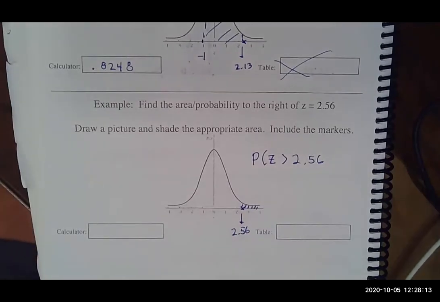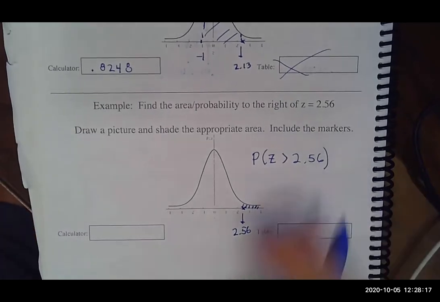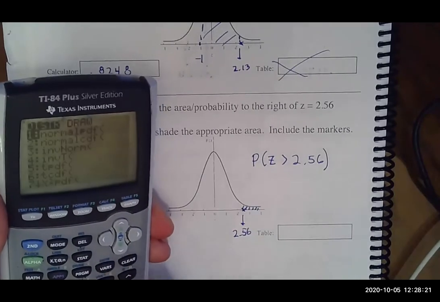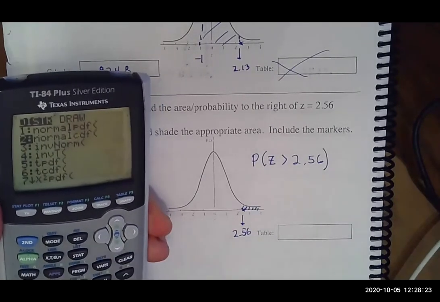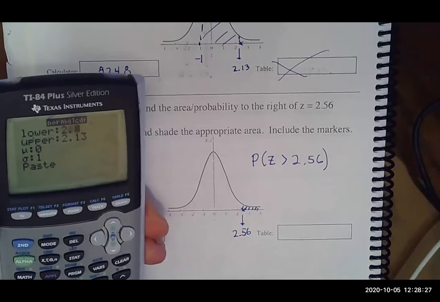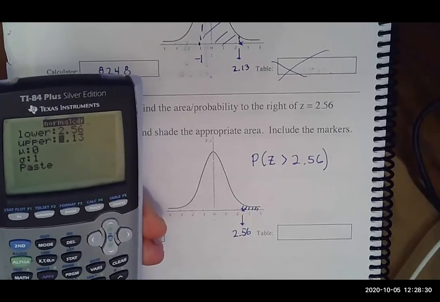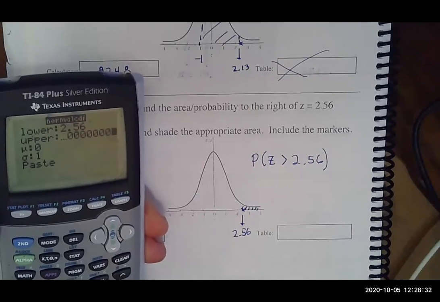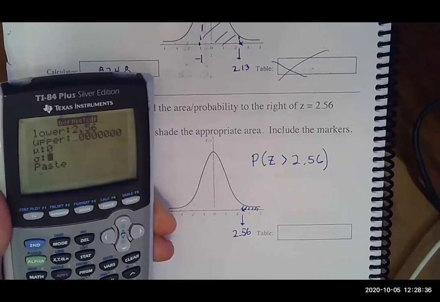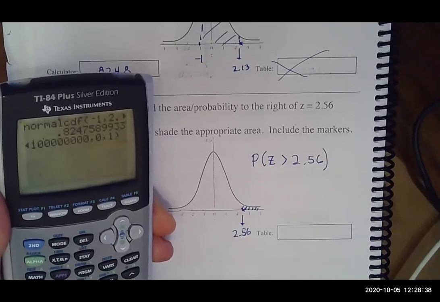Probably is going to be about 0-ish. Big, make it big. Yeah, not very much.